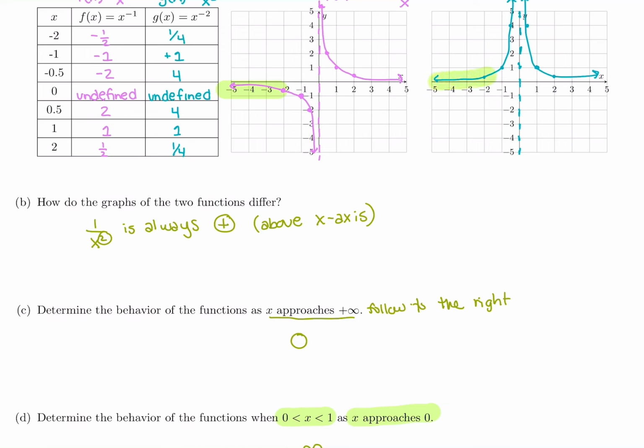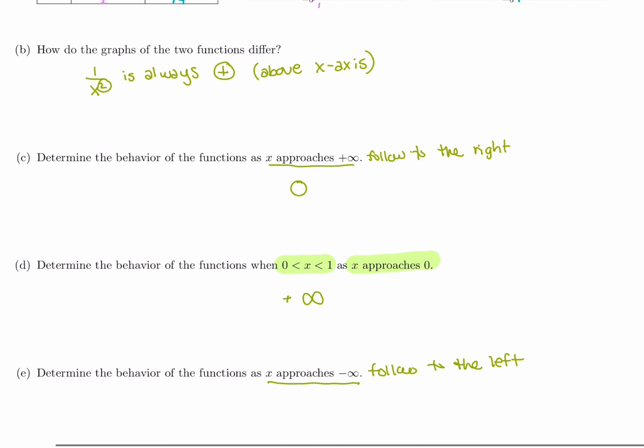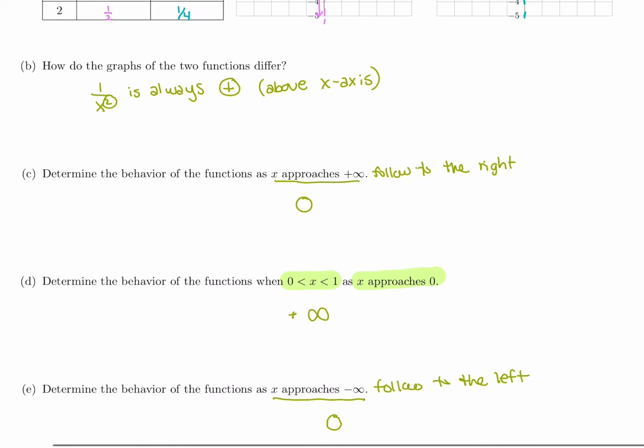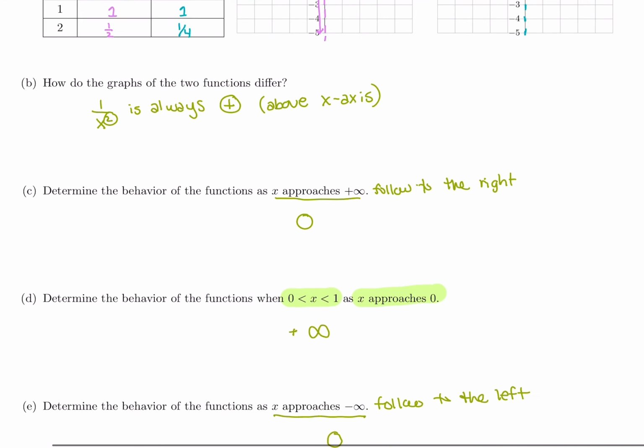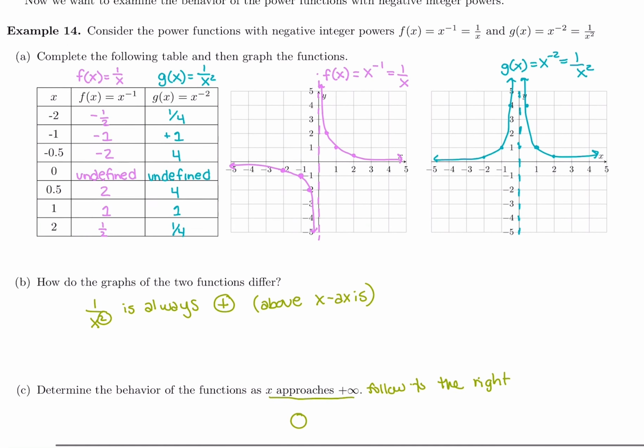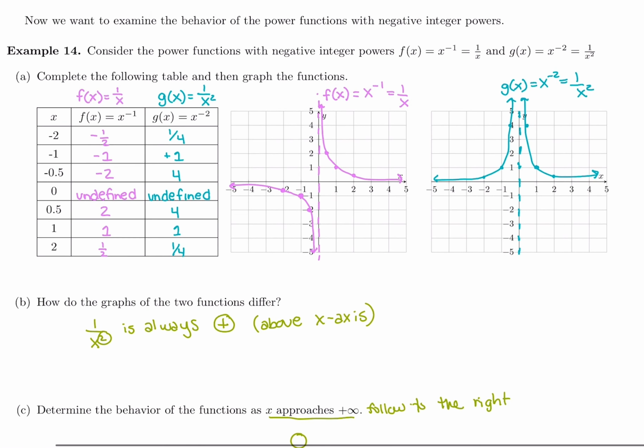If I follow it to the left, my y value looks like it's also just stopping at 0. So as you follow both, you head to 0 in the y value. And there's just a picture of the difference between a negative power that is odd versus even. Our graphs look very different than when we have positive powers.